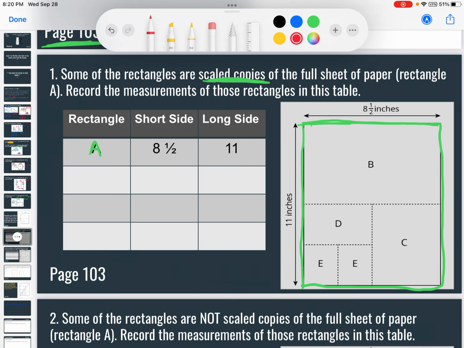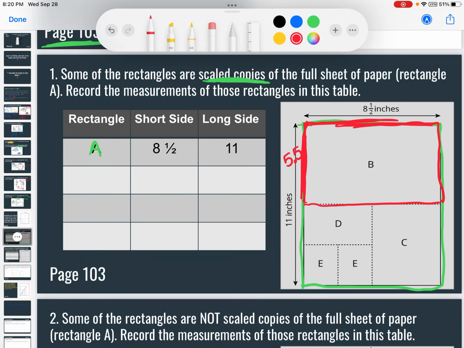So let's first look at B. Is B a scaled copy of A? Well, B is this red rectangle here. In B, it looks like I cut this long side in half, right? So this long side is 5.5.